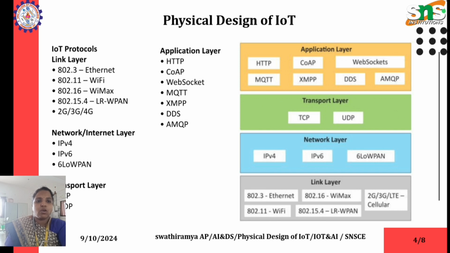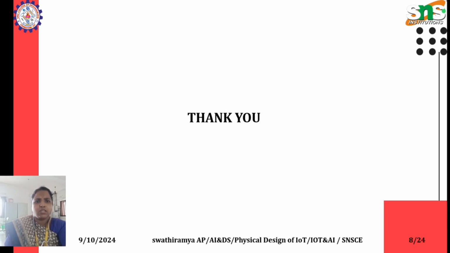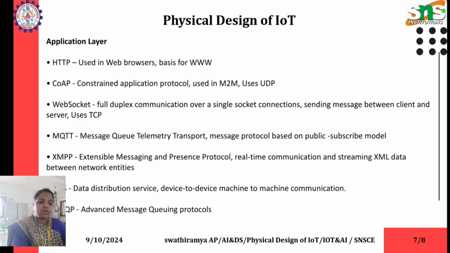In this video we are going to discuss the application layer. What is the responsibility of the application layer? It is how the application interface communicates with the lower layer protocols to send the data over the network.